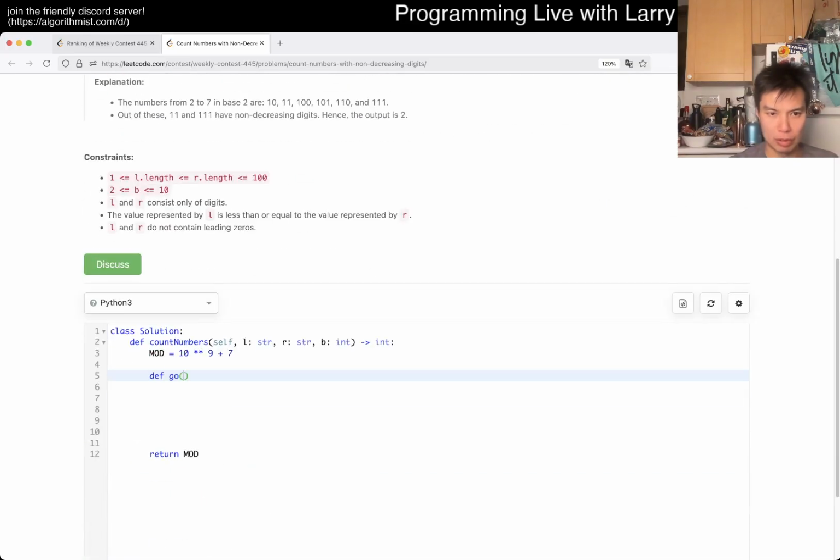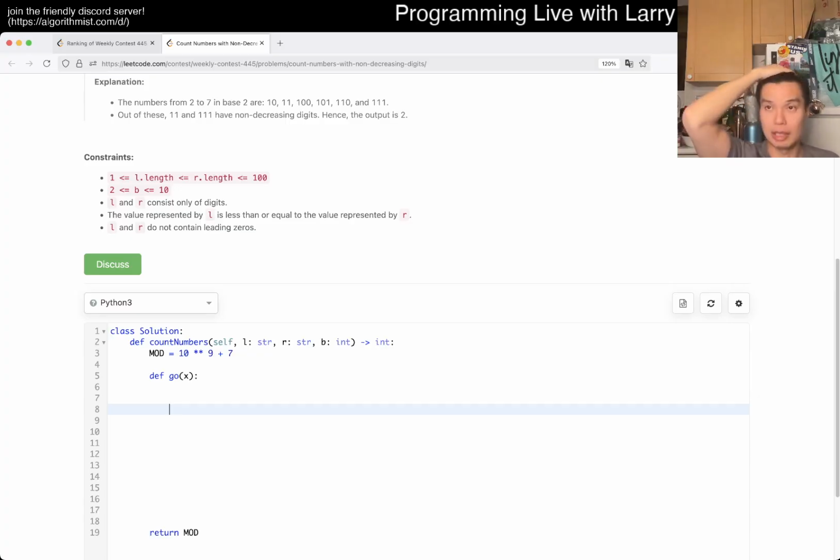Okay, go of X, and then for go of X, this is already a string, right? How does digit DP go again? Let's go to calc. So we could name this one go.